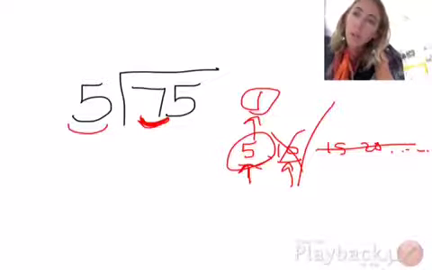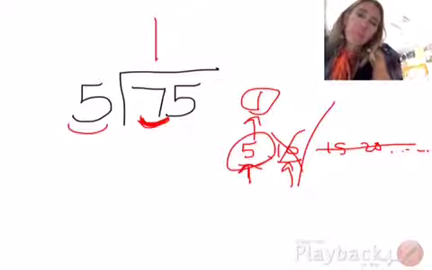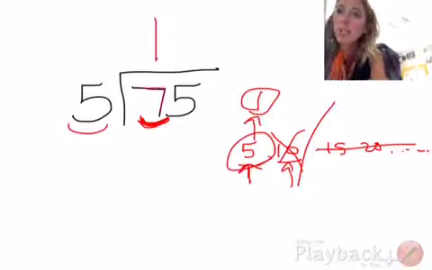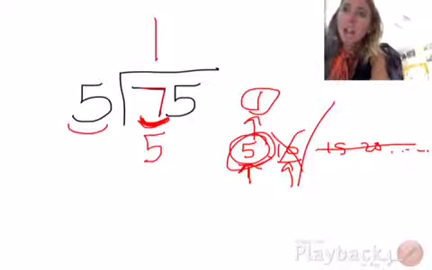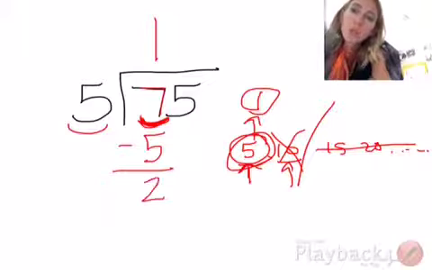It's coming from the first column. So 5 goes into 7 one time. And what was that number that was close to 7? Well, it was 5. Because 5 times 1, or one group of 5, you'd have 5. And we are left over with 2.